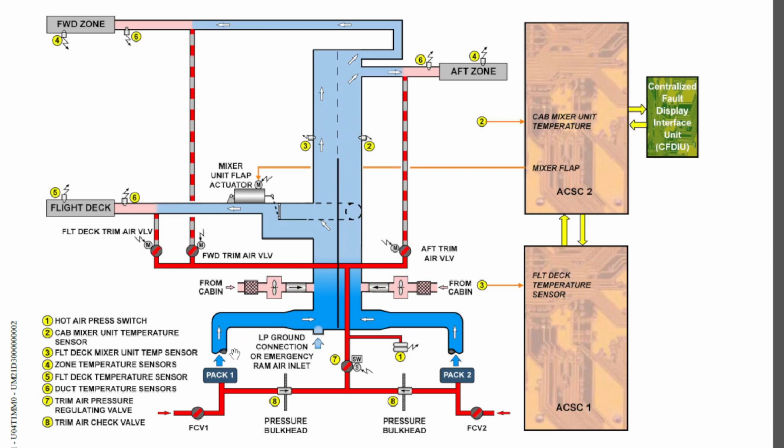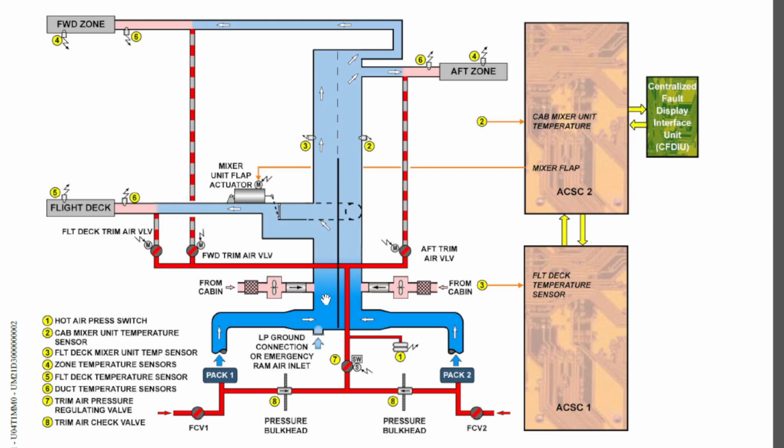So basically the left side of the mixer unit is mainly supplied by pack 1, the right side of the mixer unit is mainly supplied by pack 2, and you can see that the LP ground connection and the emergency ram air inlet are also connected to the left hand side of the mixer unit.